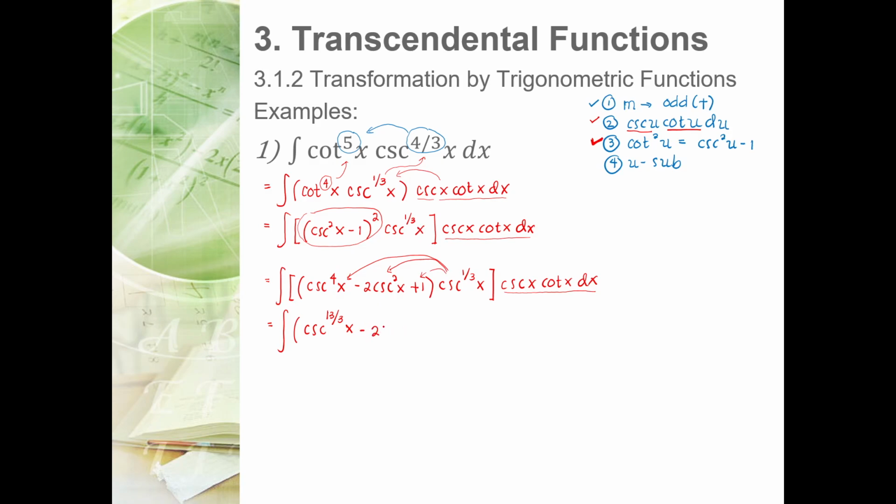So minus 2 cosecant, 2 plus 1/3, that's 7/3 of x. Then the last term is multiplied by 1, so we have the same value, 1/3 of x. So cosecant x cotangent x dx.